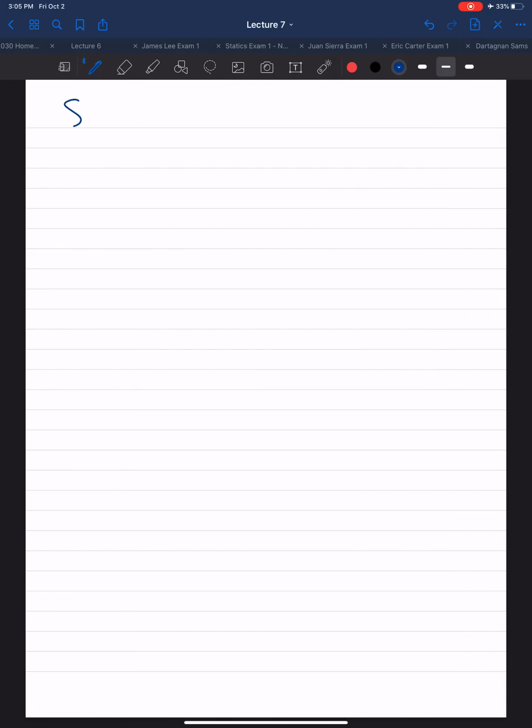Let's look at section 3.7, simplification of a force couple system.